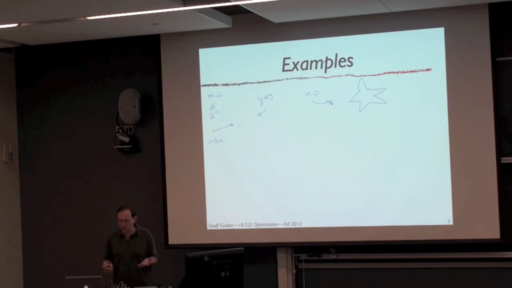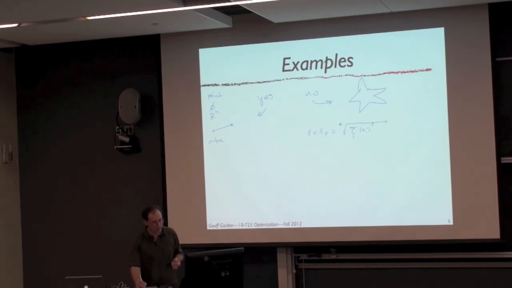There's one that I want to mention in particular, which is if you define the p norm of x to be, you take the sum over all i of the absolute value of the ith coordinate x raised to the pth power, and then you take the pth root of that sum, right? That's called the Lp norm.